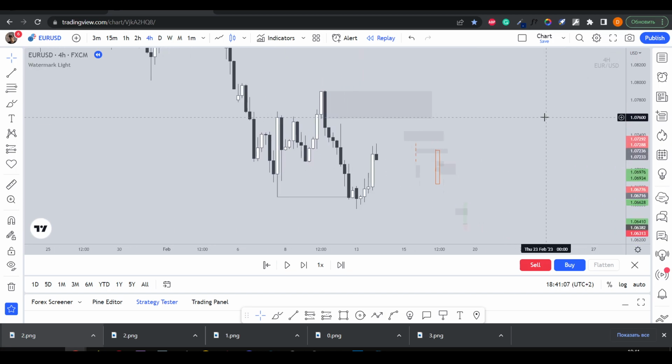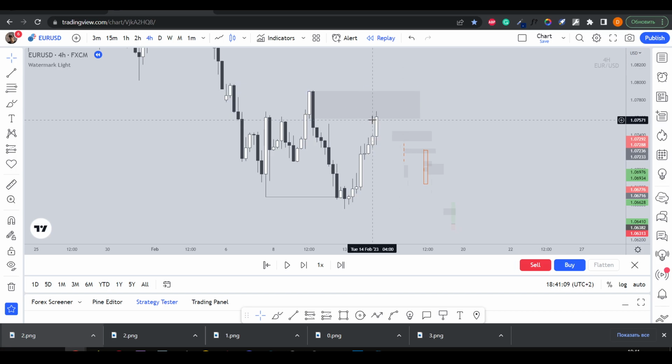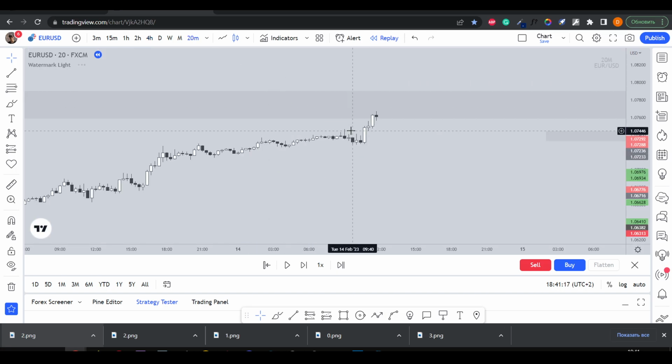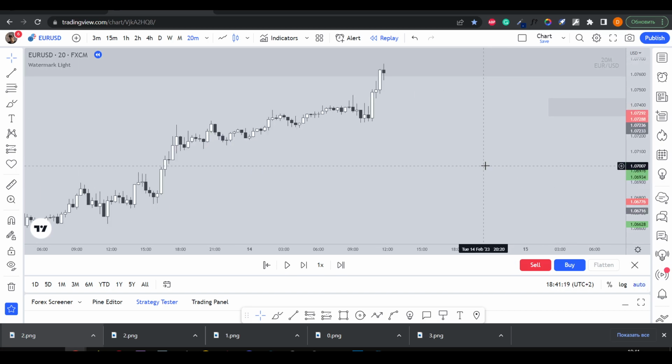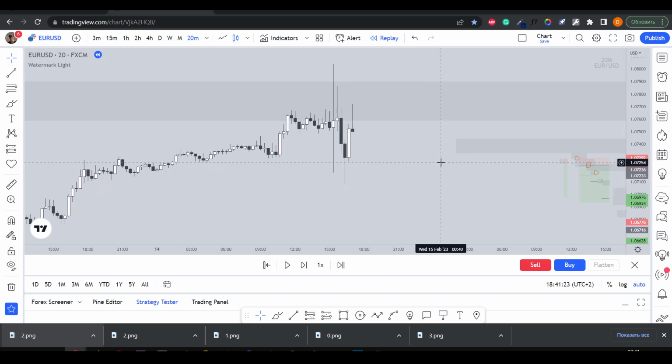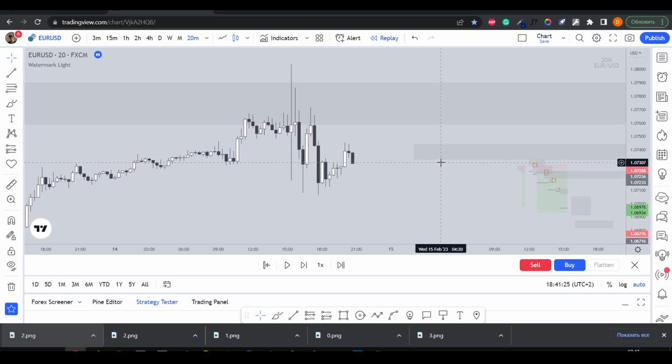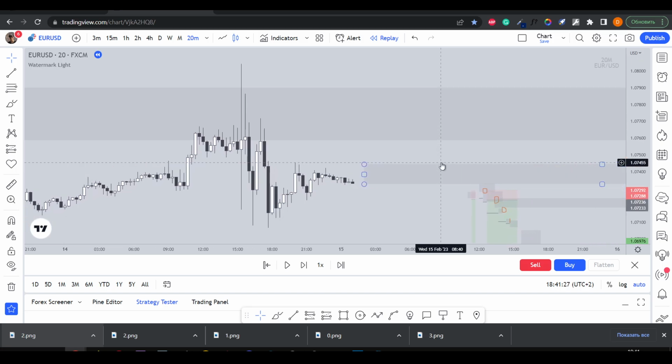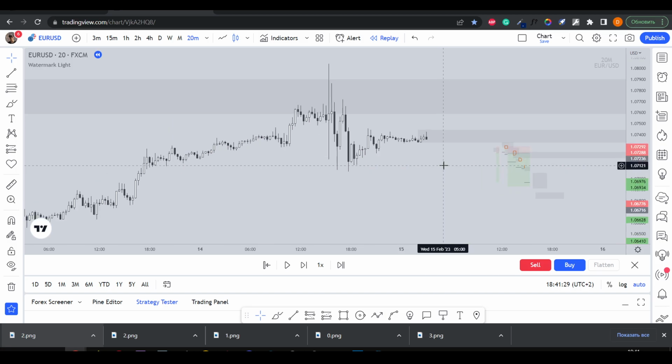So this was the start of the week. This is already Tuesday. The price stepped, and then on 20 minutes, my main zone for the entry was 20 minutes. This is the kind of entry I really do like, and it created this almost perfect structure.